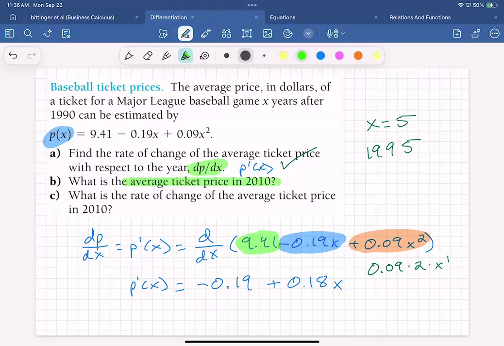So which function should I plug into? We plug into the original function, not the derivative function, to find the average price. Now, for 2010, since we're looking at that one, what is our X value? Does everyone understand why it's 20?